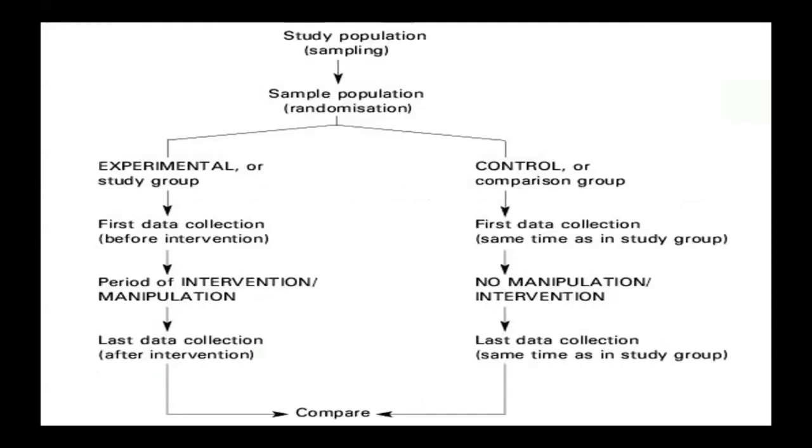So this is the chart showing the experimental group on one side and the control on the other side. A very important point: if you have 10 people in the experiment, it does not mean you have 10 people in control. You can get 9, you can get 11.